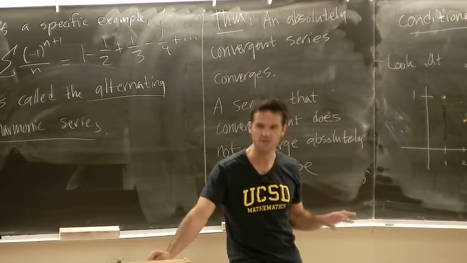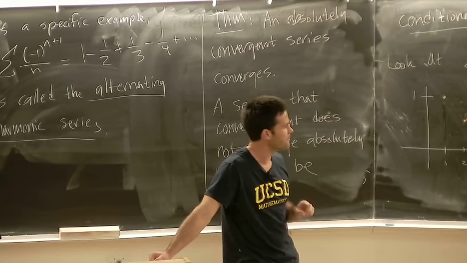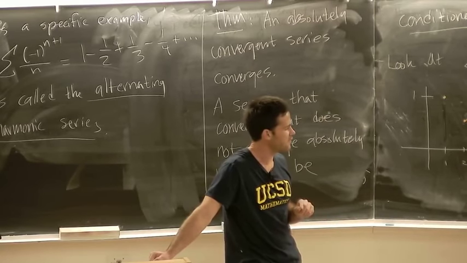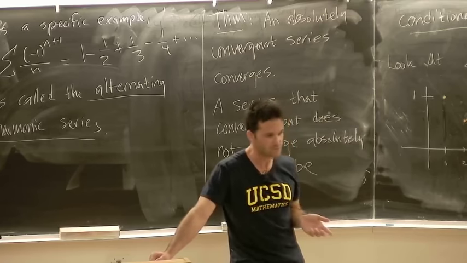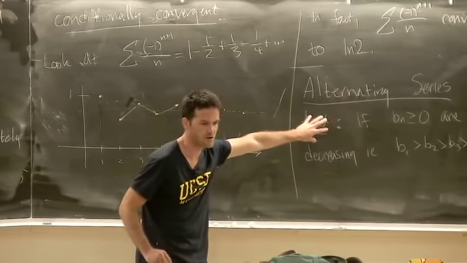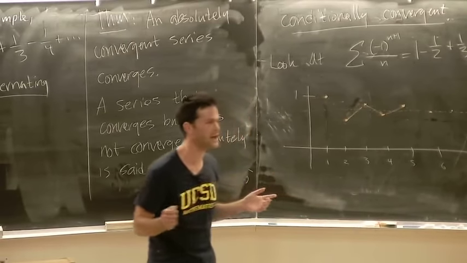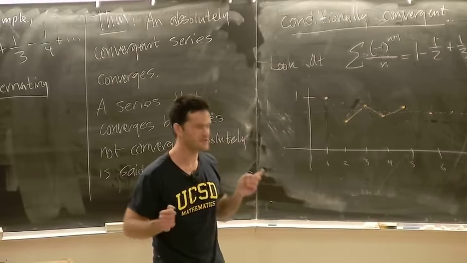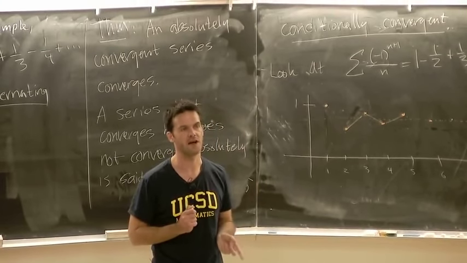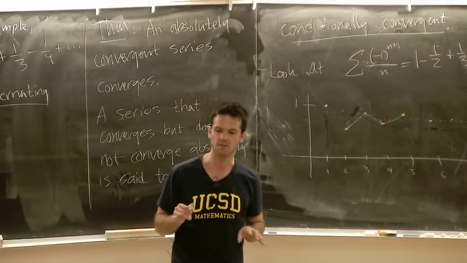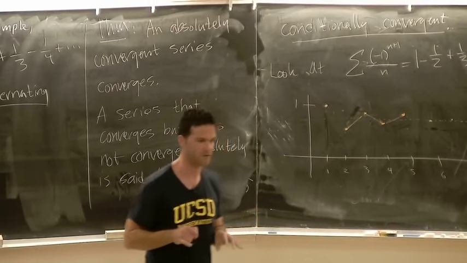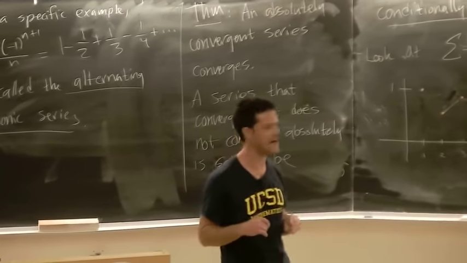The conditionally convergent ones are weird. It's kind of hard to figure out when they converge. We have this specific test for if they're alternating and decreasing, but in general, they're kind of tough. And there's a theorem that you learn in analysis. This is beyond the scope of this class, but I'm just going to tell you guys as an interesting factoid.